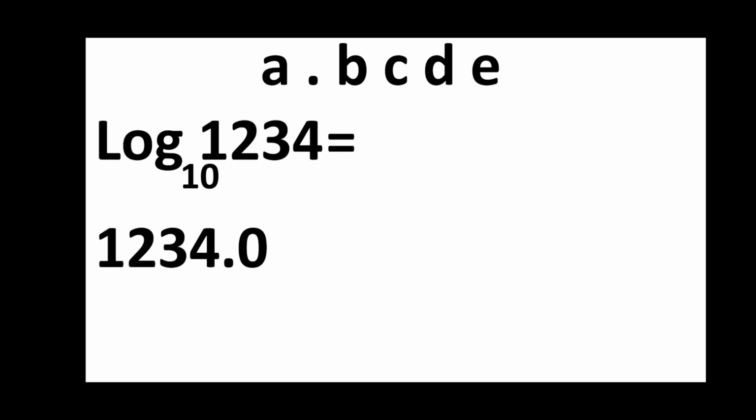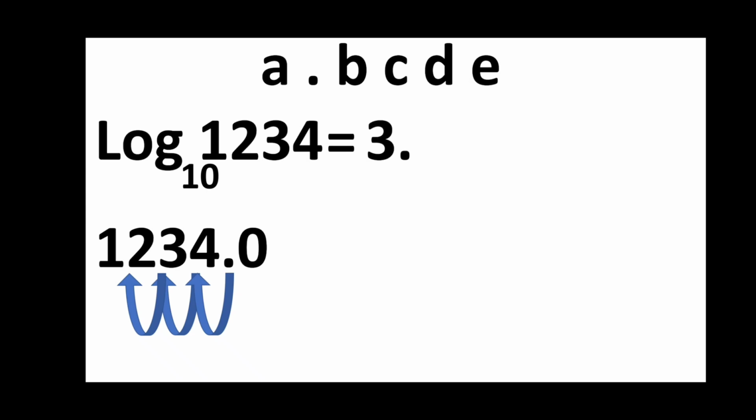Here the decimal point is after the fourth digit, but we need it after the first digit. For that, we need to move the decimal point backward 1, 2 and 3 times. We moved the decimal 3 times backward, so 3 is our characteristic.